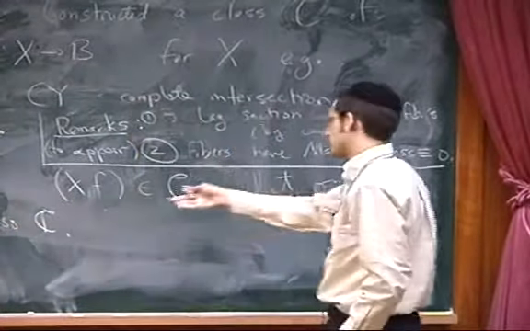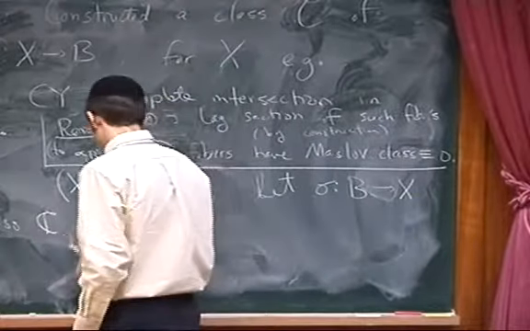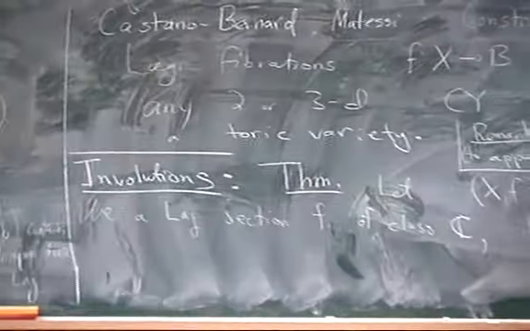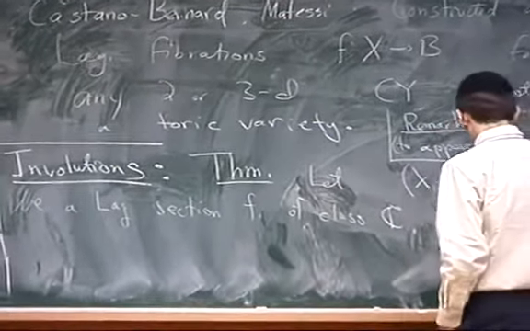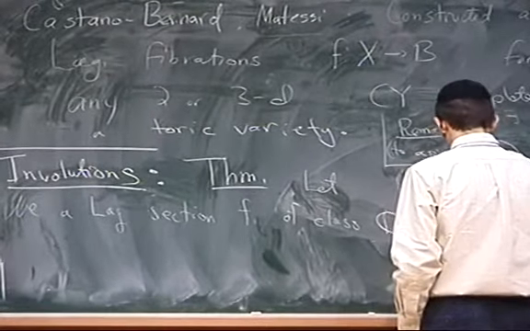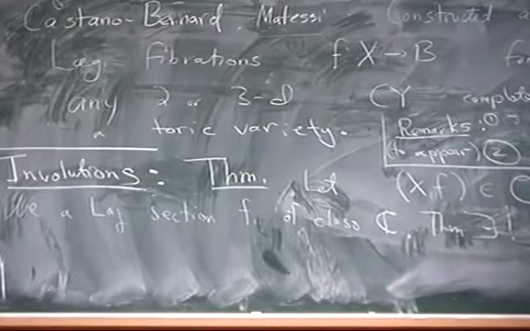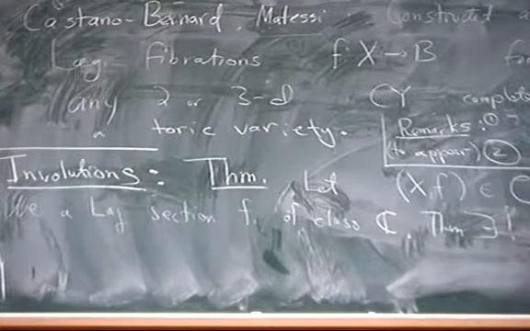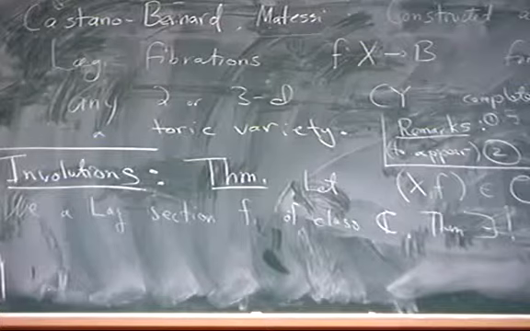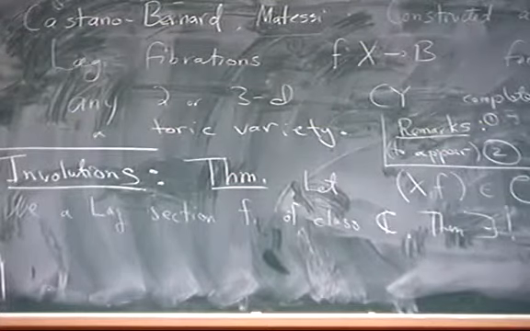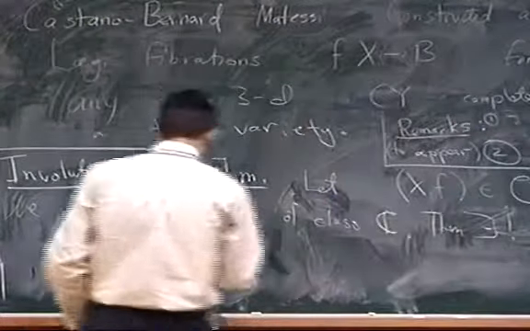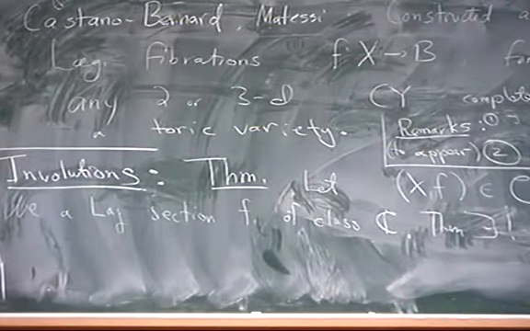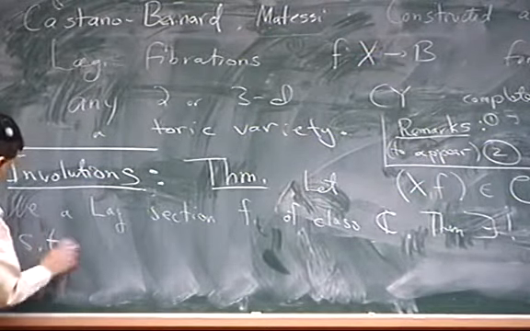So you have a Lagrangian section of class C. Then there exists a unique antisymplectic involution phi of the total space of the fibration, which I think was defined earlier as well, such that two conditions are satisfied.